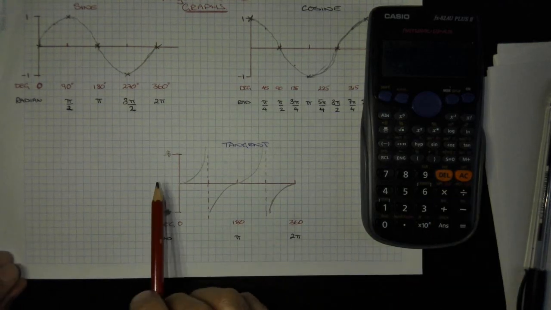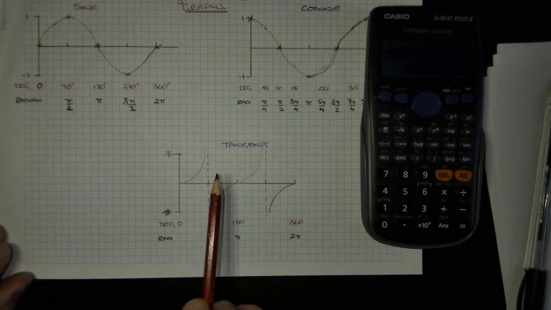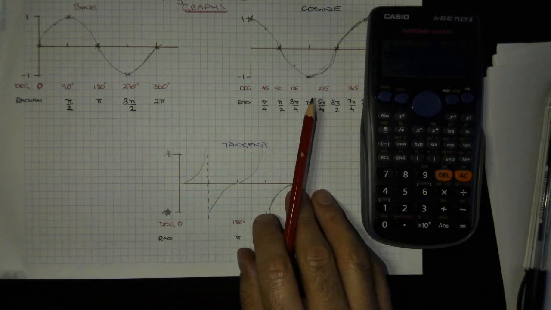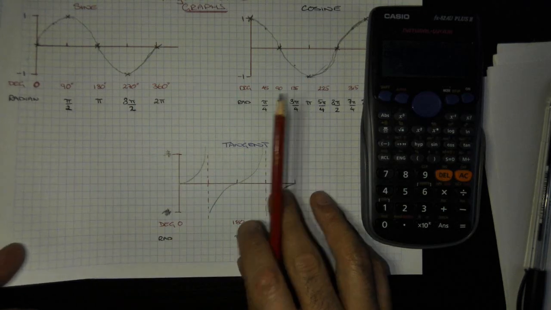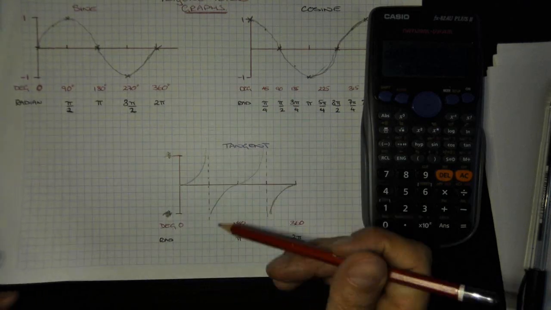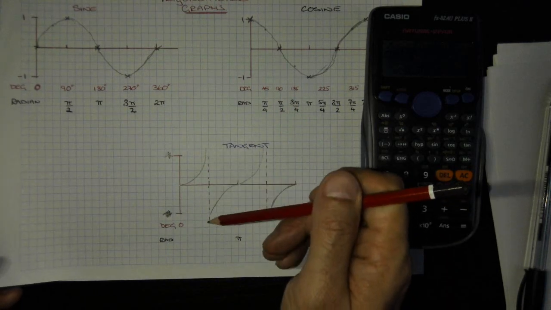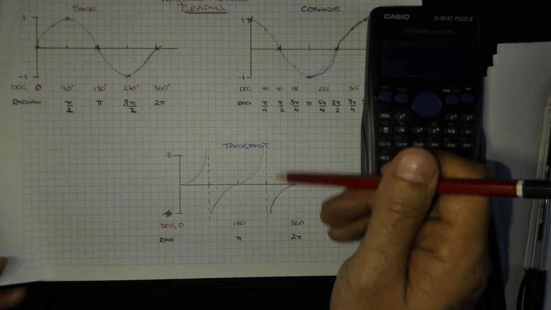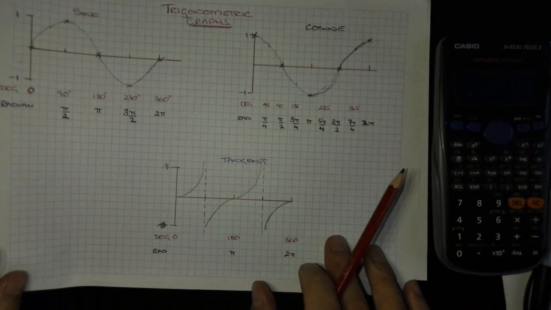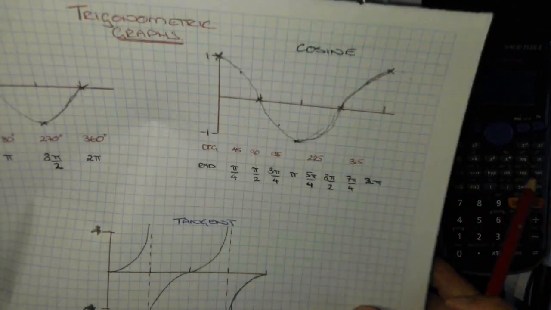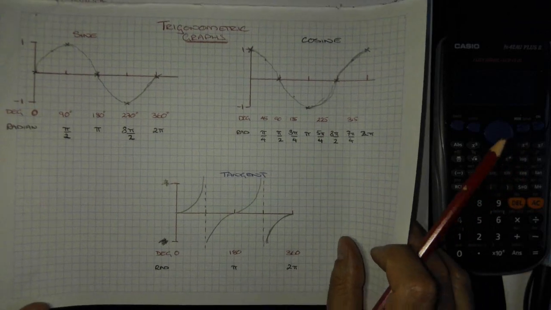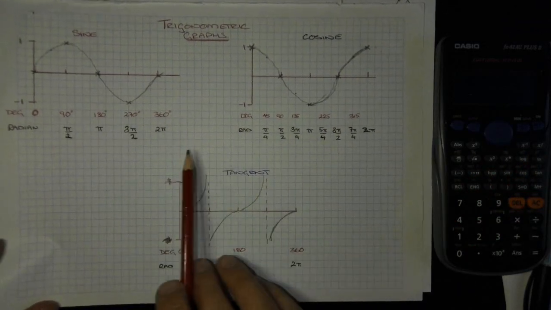Because the x-axis is cos and the y-axis is sine, when we want to find tan 90, it's undefined, and it's the same for tan 270 degrees. So those are the trigonometric graphs in both degrees and radians.